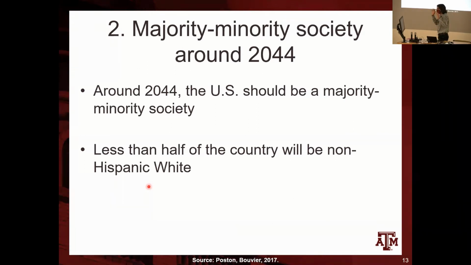So what I'm trying to explain here is that you hear this term majority-minority society, but within this group of minority people that we are putting all together and counting together, there is a lot of variation, a lot of heterogeneity in terms of education, earnings, marital status, and overall socioeconomic status, okay?